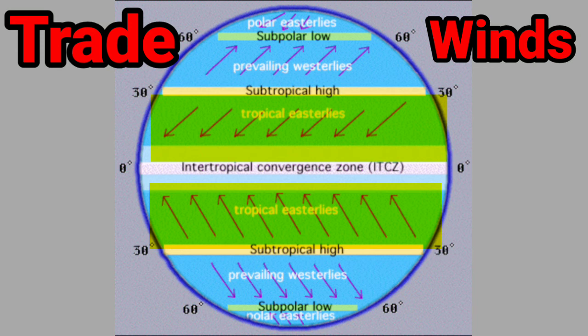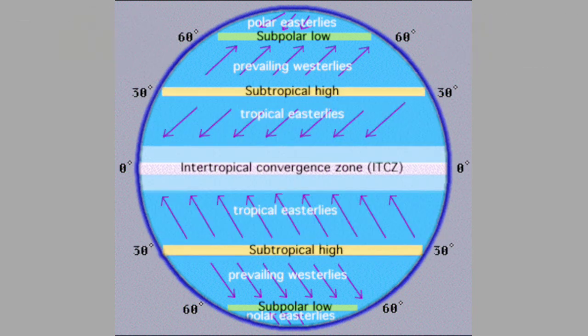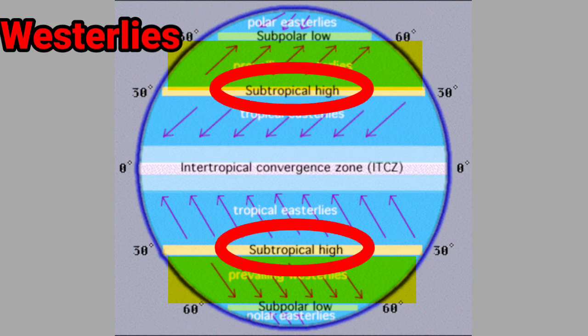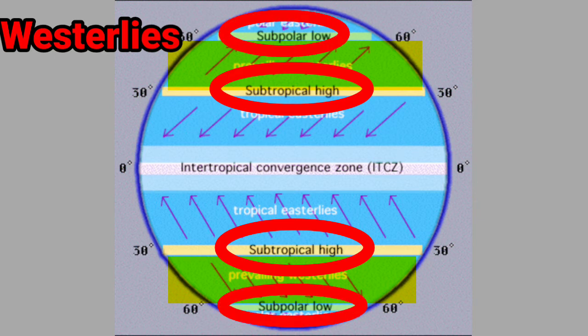The trade winds blow with great regularity. The next permanent wind is westerlies. The winds blowing from the subtropical high pressure belts to the subpolar low pressure belts are known as the westerlies.